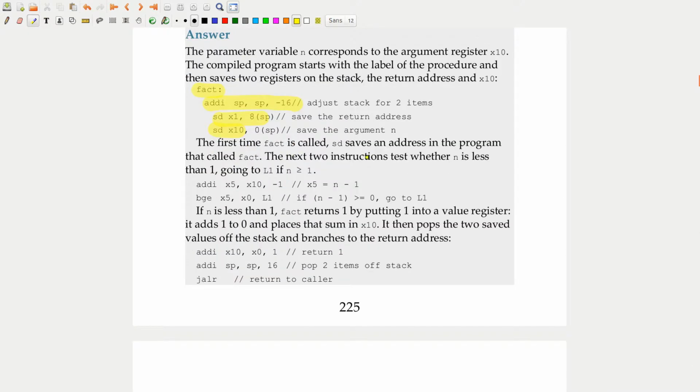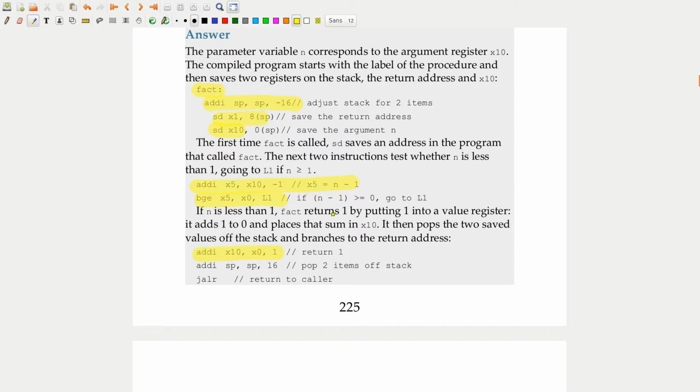So the first time factorial is called, it saves an address in the program they called fact. The next two instructions test whether n is less than 1. So it does an add, and then it does a greater than or equal to test of -1. Okay, and then it does another add.